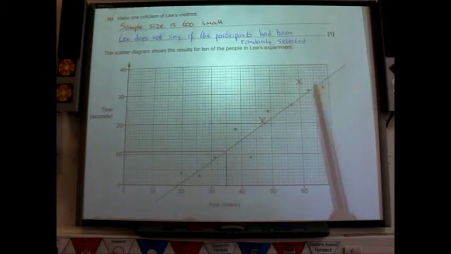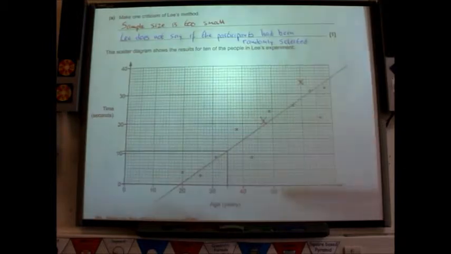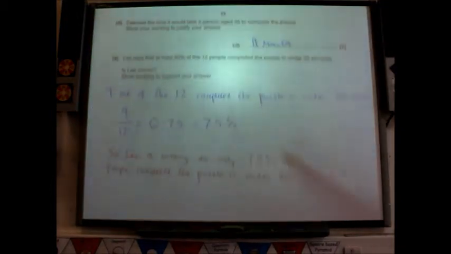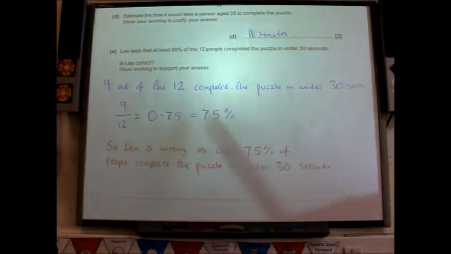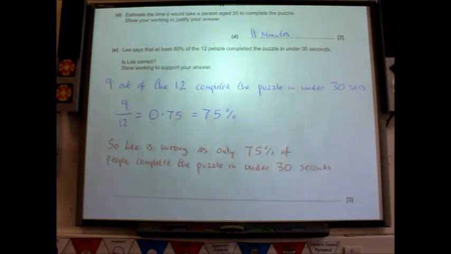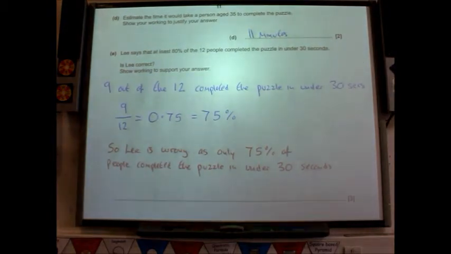So there's 3 above it, so 3 took longer than 30 seconds. So using maths, 9's below it because there's 12 in total. So 9 out of the 12 completed it in under 30 seconds. You can use your calculator for this, or you might know how to do it, which is 75%.